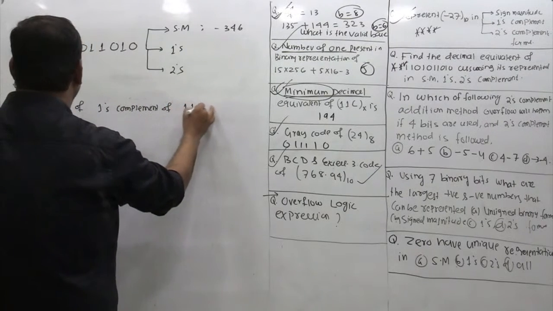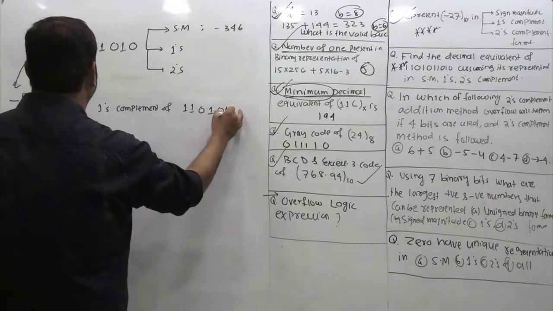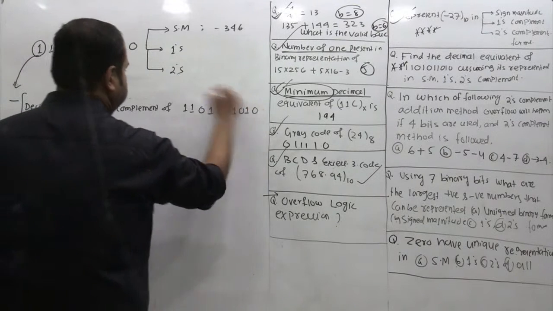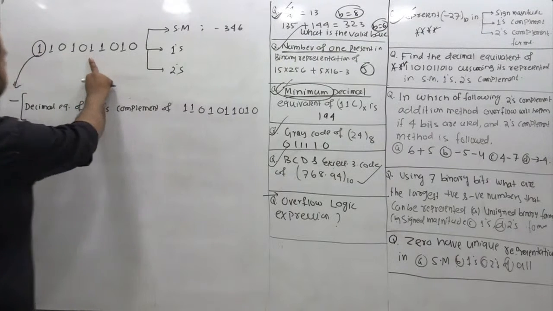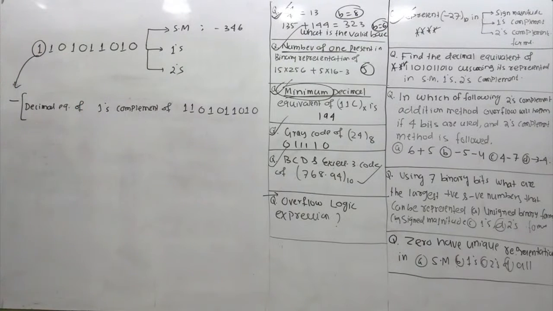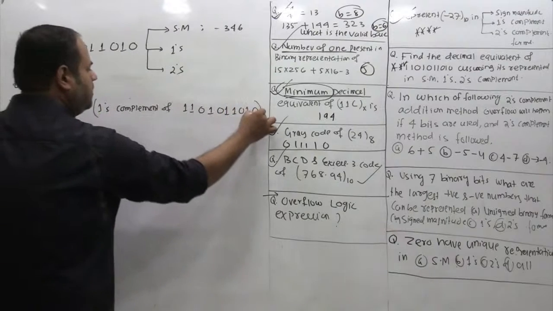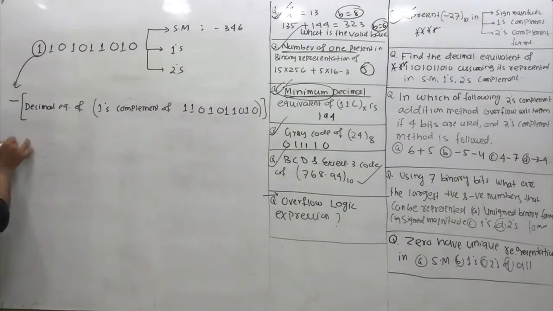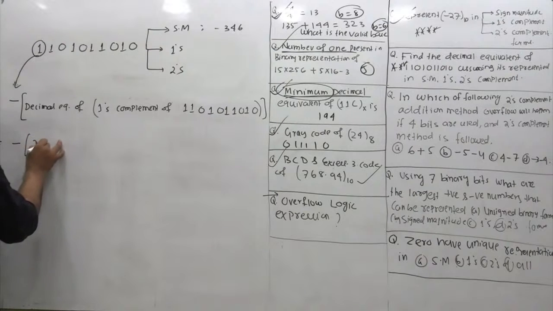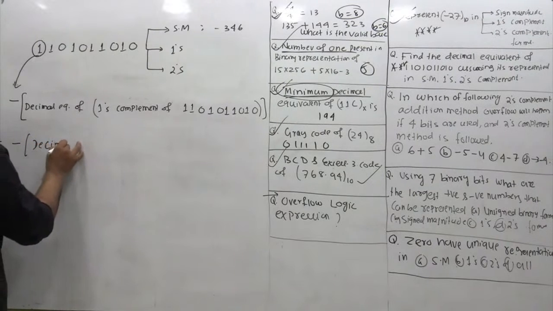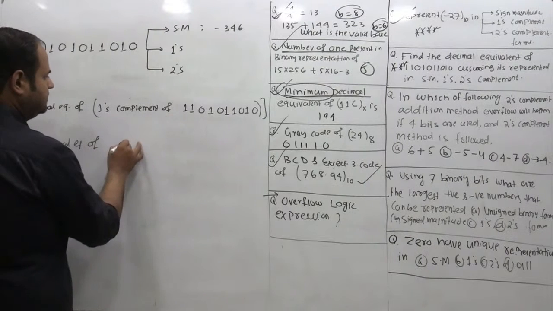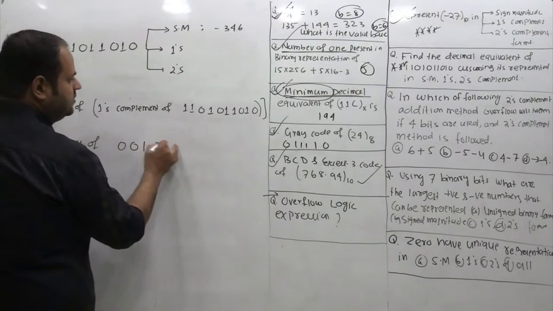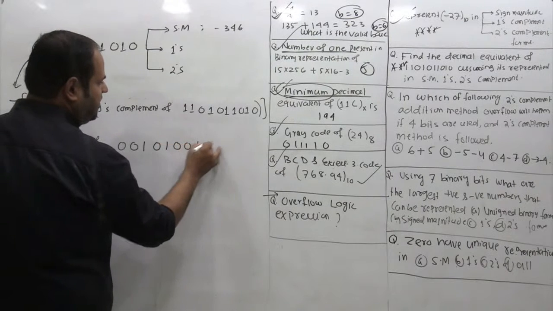The entire number is 1 1 0 1 0 1 1 0 1 0 1 0. So this is equivalent to negative of the decimal equivalent of the 1s complement of this, 0 0 1 0 1 0 0 1 0 1.